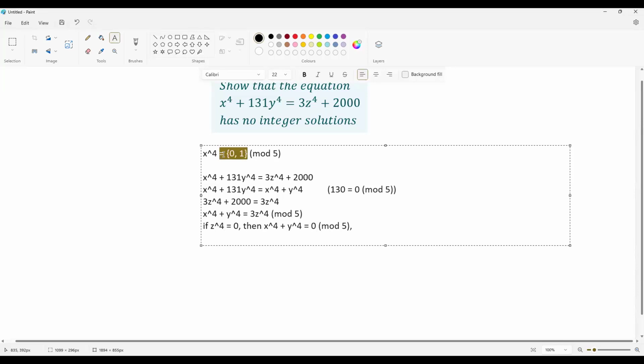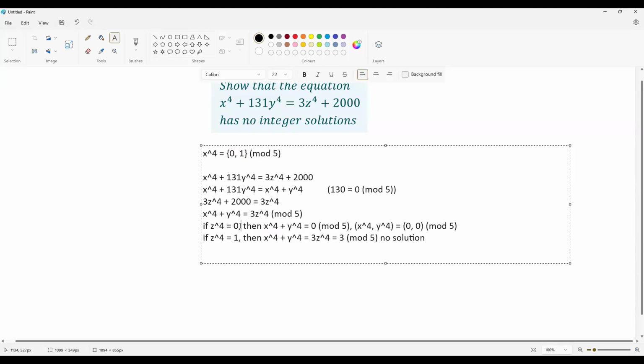And we notice the only solution to this would be x to the 4 and y to the 4 both congruent to 0 mod 5. What if z to the 4 is congruent to 1? Then x to the 4 plus y to the 4 is congruent to 3 mod 5. And we have two terms, both of which are 0 or 1. That can't become 3. So no solution.